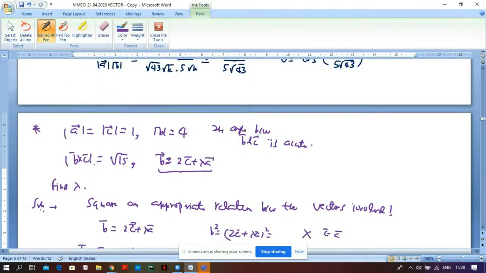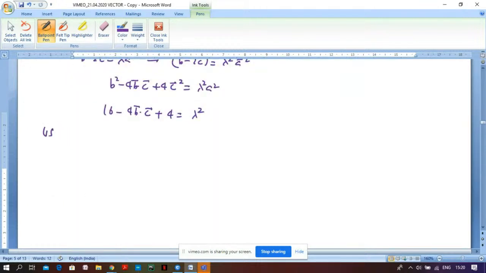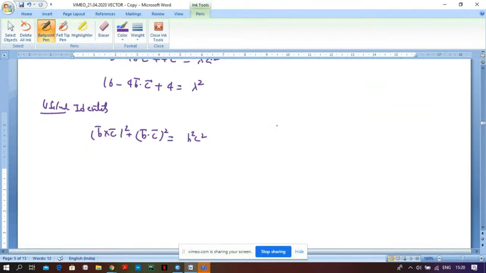Remember, I have given b cross c. There is another useful identity, that is b cross c whole square plus b dot c whole square is b square c square. It is just sine square theta plus cos square theta equal to 1, because we know that b cross c is mod b mod c sine theta and n cap.